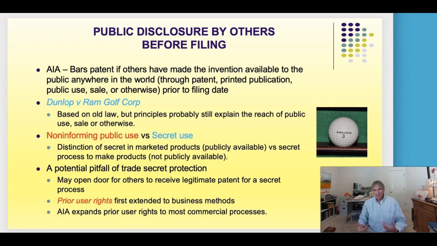And so Ram is sued, and so this is a big deal to Ram. So it dug around, and it learned about an individual named Wagner who had once tinkered with creating golf balls. Curiously, Wagner determined that surlyn made them really tough.